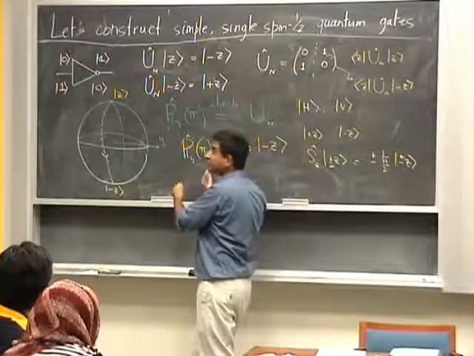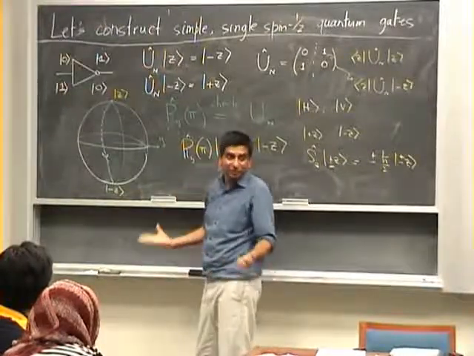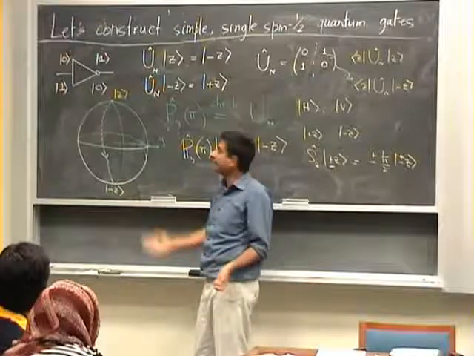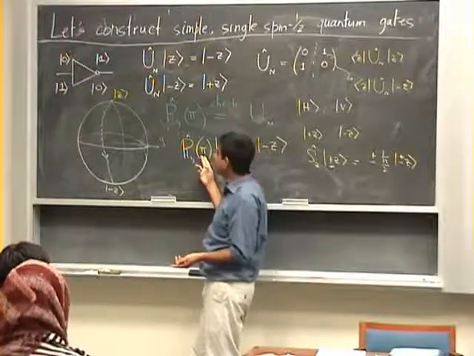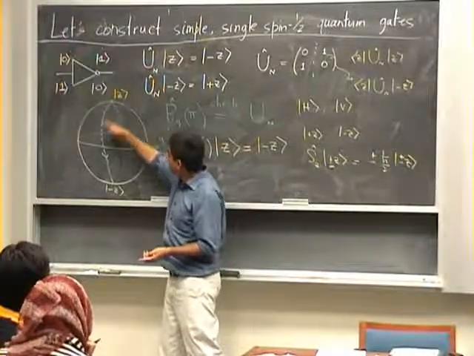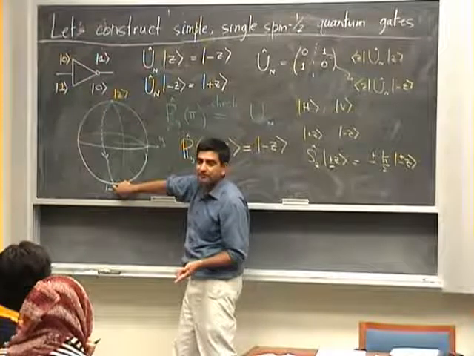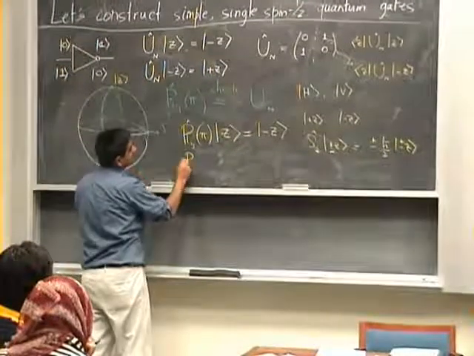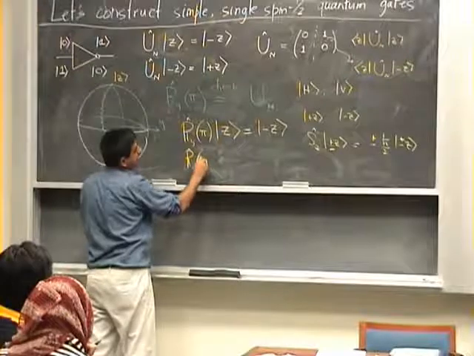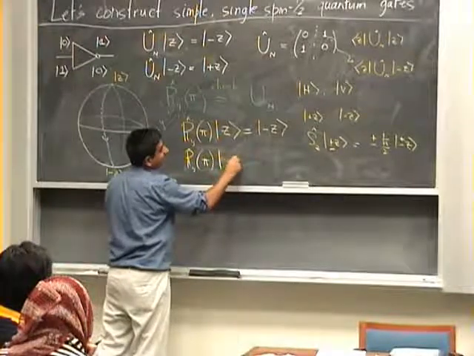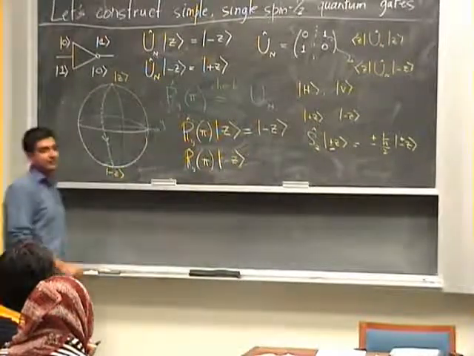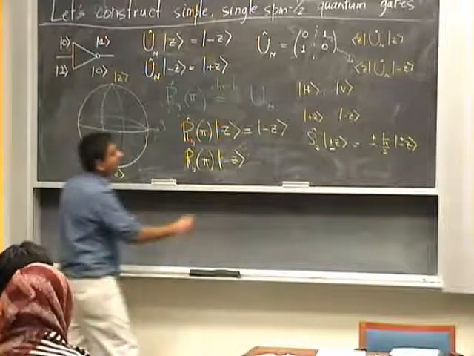Now you don't need to do the calculation, though you can if you want, because it's just a rotation through 180 degrees about the y-axis. So your head must end up here. If you are at minus z, where would you end up?